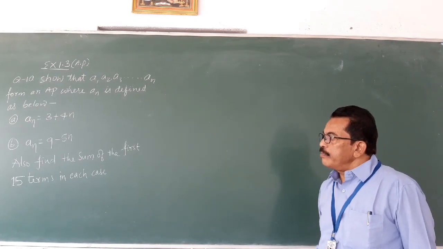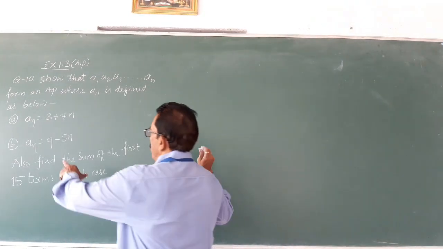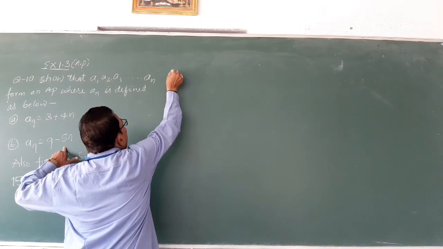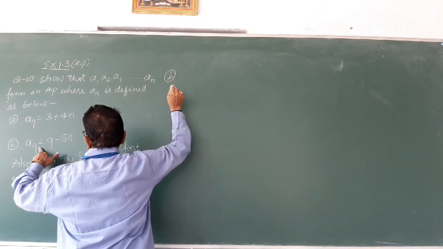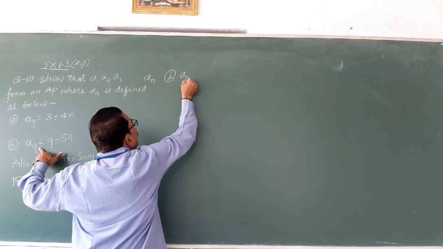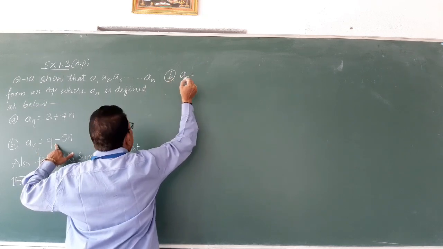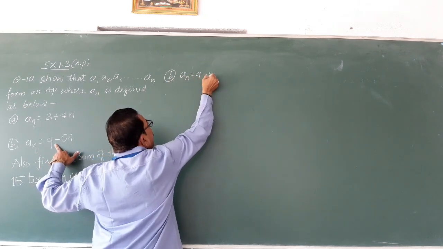Okay, next b, that is question b. an equals 9 minus 5n.